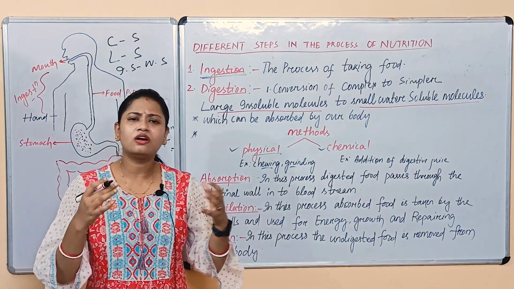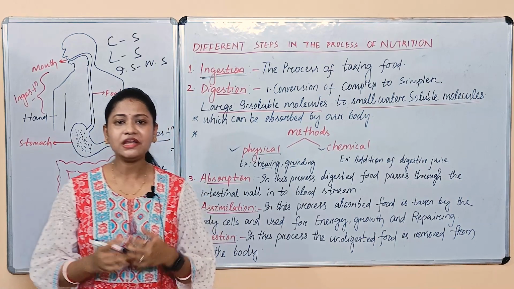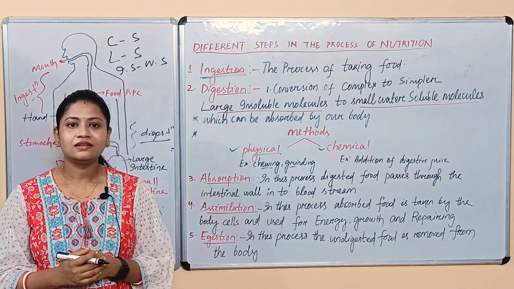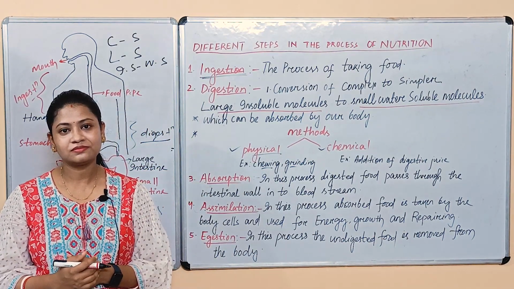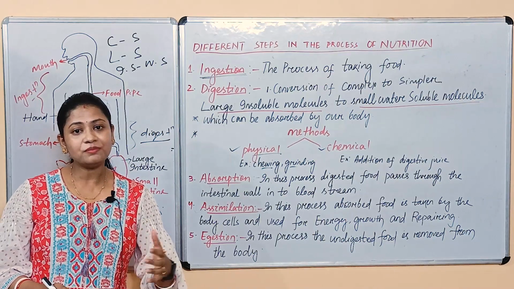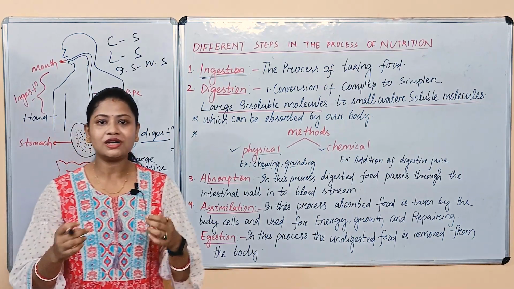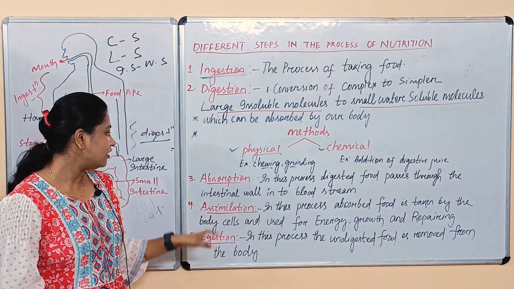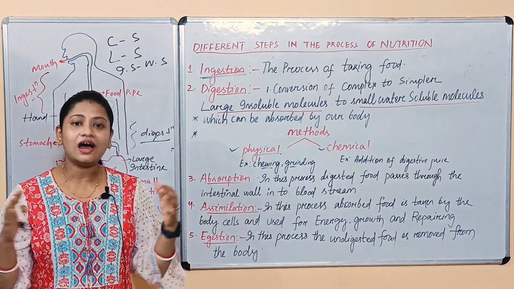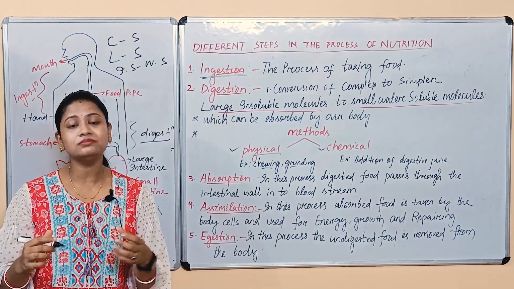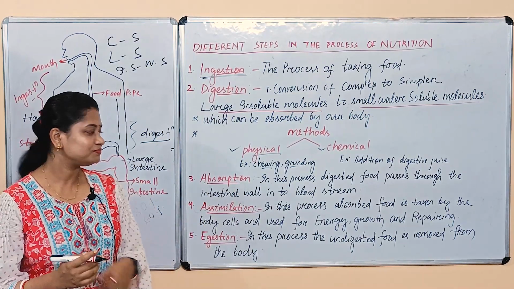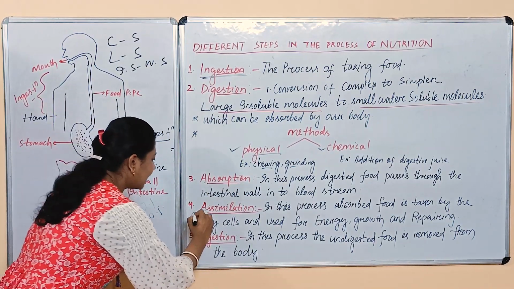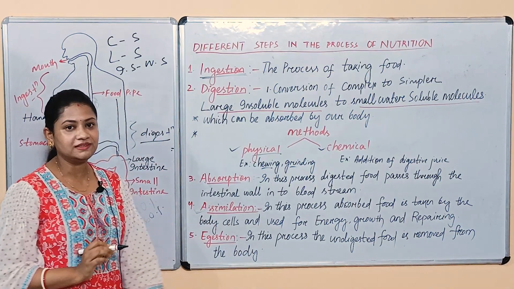When you are doing a lot of exercise, you need energy. Then how does the energy come? That energy comes from what is stored inside your body, right? And all these energies come from the nutrients, right? Then the assimilation process is also completed.